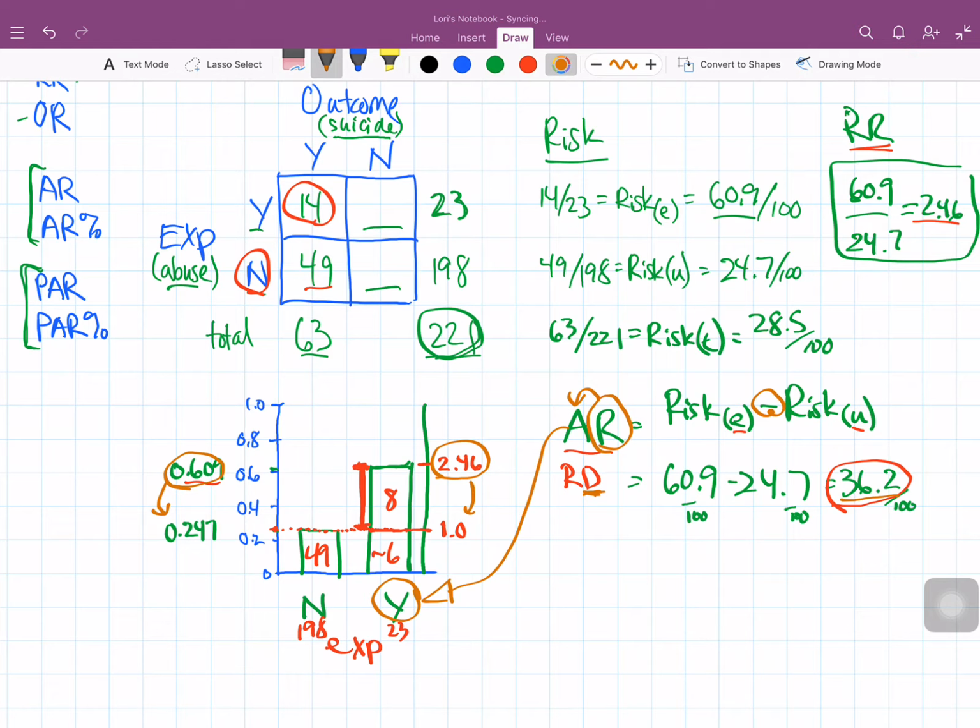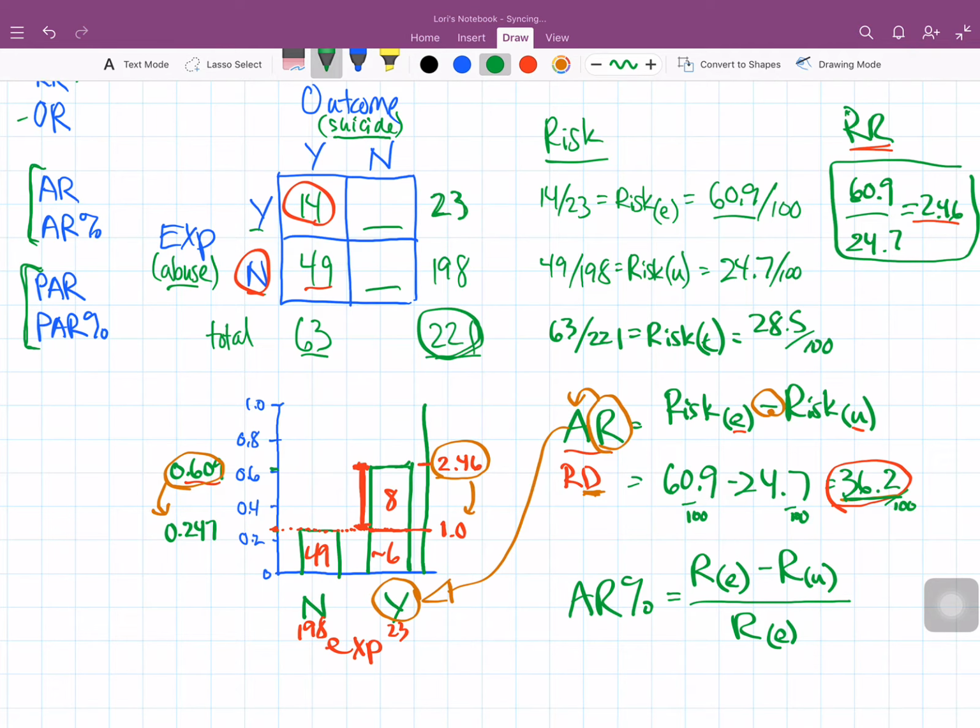The next thing that I'd like to show you is something called attributable risk percent. This looks very, very similar, and we're going to end up with this 36.2 number included. It is equal to the risk, I'll just use capital R, in the exposed minus the risk in the unexposed divided by the risk in the exposed.